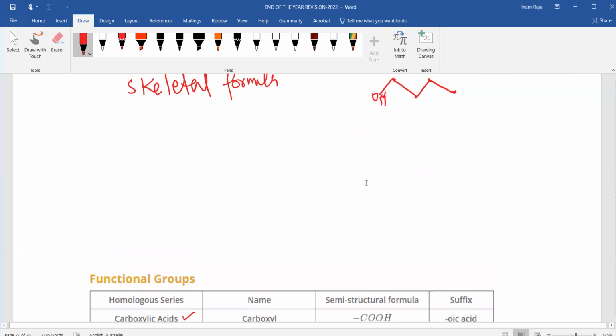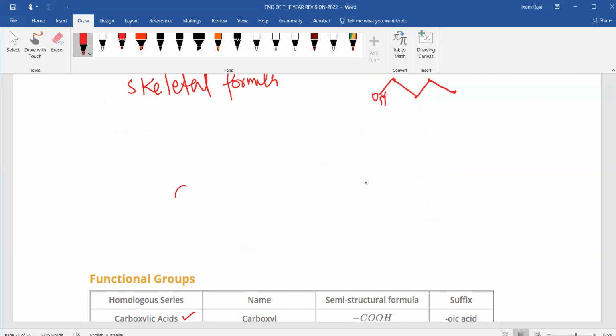All right. Let's say you have to write 2-methyl butanol, and they ask you to write a structural formula.